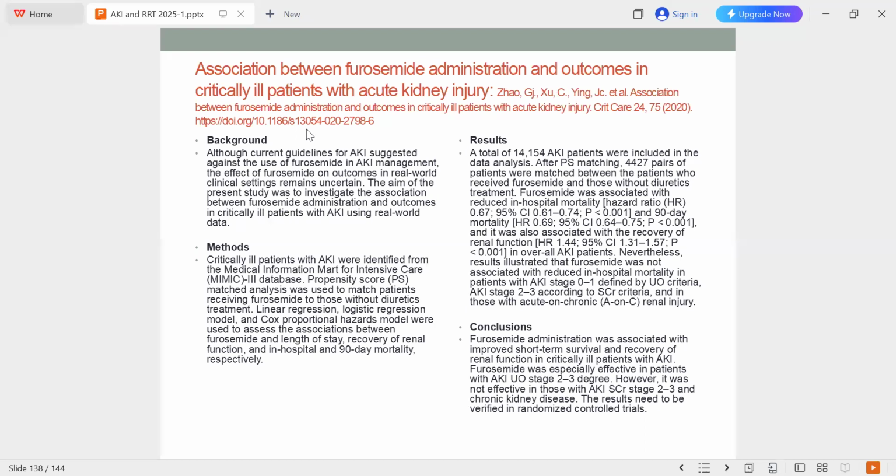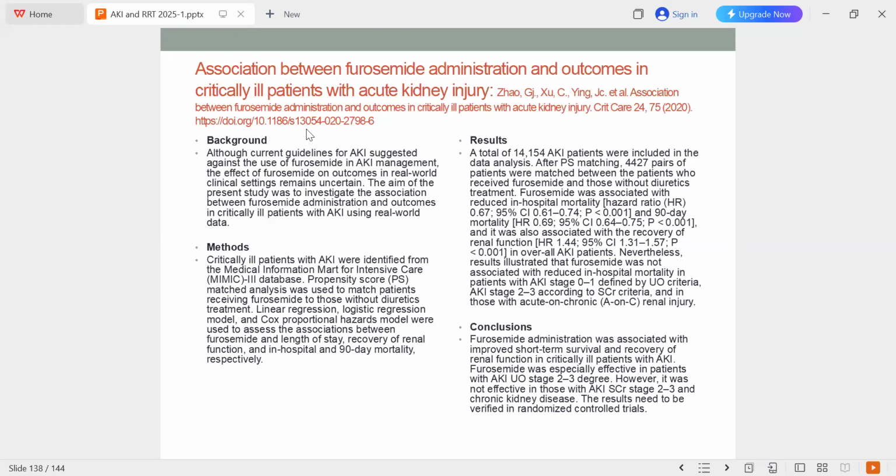Nevertheless, the result shows that furosemide was not associated with reduced in-hospital mortality in patients with cardiac stage 0 to 1, okay? And in those with acute or chronic renal injury. So the study concluded that furosemide administration was associated with improved short-term survival and recovery of renal function in critically ill patients with AKI.